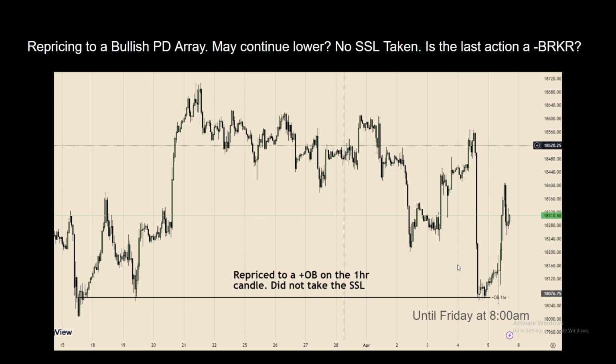And during that move down, it did not take the sell side liquidity resting at this low here, this swing low. So it stopped just above it, or maybe even at the same level. It found support on the order block. But actually, Friday at 8 a.m., it did break this swing low and trace down a little bit deeper into the order block to go higher, at least to the 50% range.